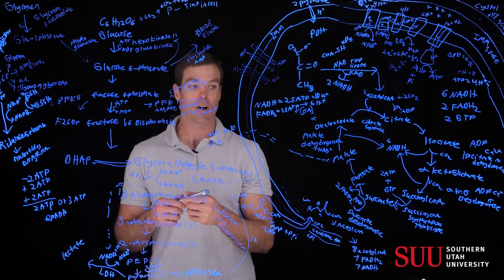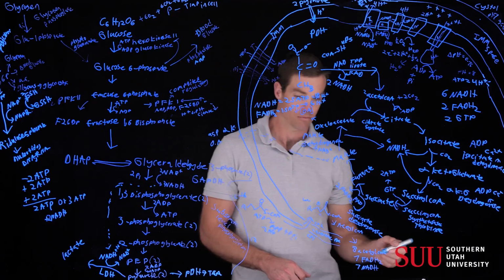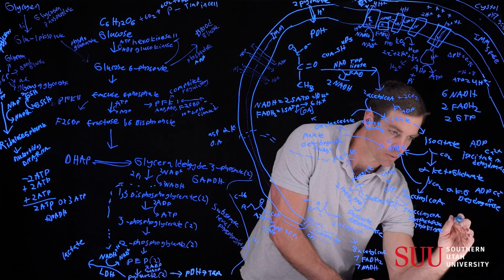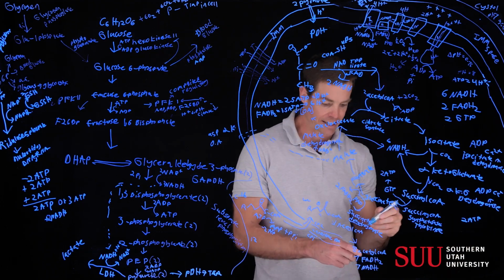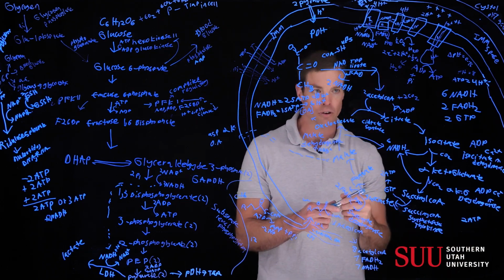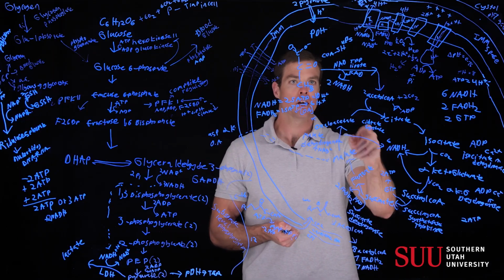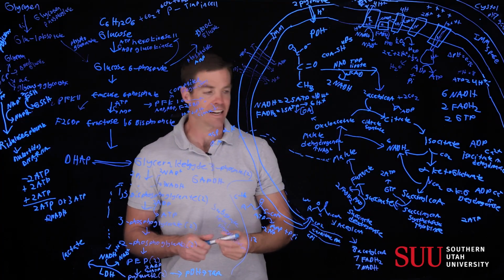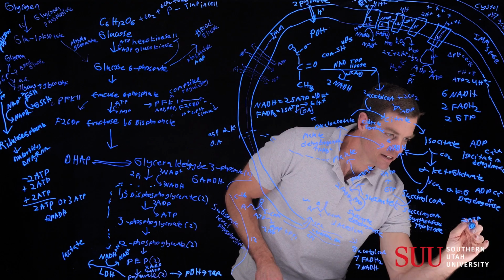So we can add all these up together for glycolysis. Maybe we can do that right here, for example. So in glycolysis, we get our 2 net ATP, and then we have our NADHs, and if we count all of those up, we get 6 NADHs from all the pyruvate that's going on, plus we have these ones, the 7, 8, and then we have these ones, so that's 10 NADHs.